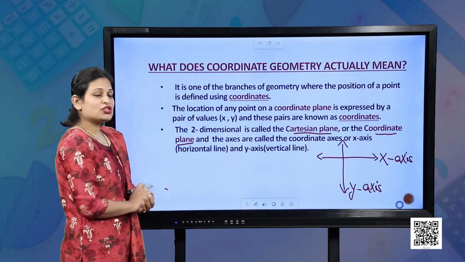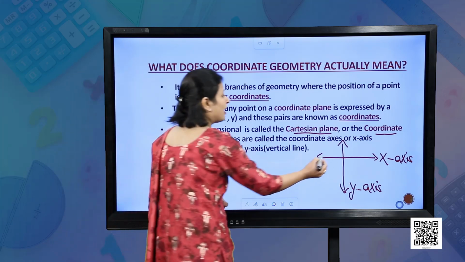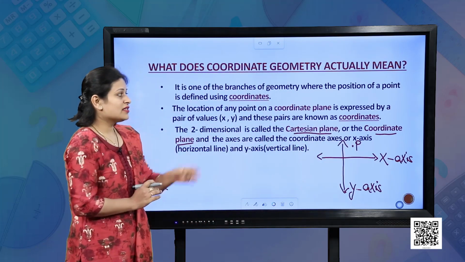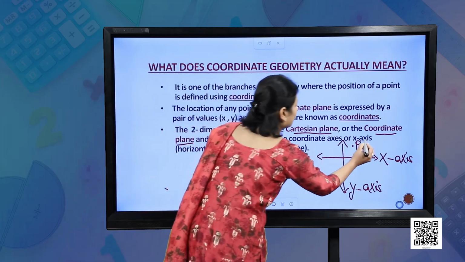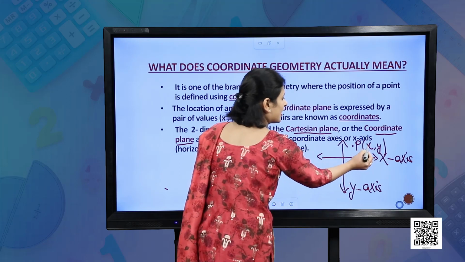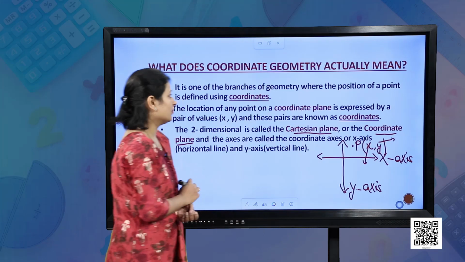Now, what does the location of any point on a coordinate plane mean? If I consider a point P, it is expressed by a pair of values x comma y, where this is the x coordinate and this is the y coordinate.